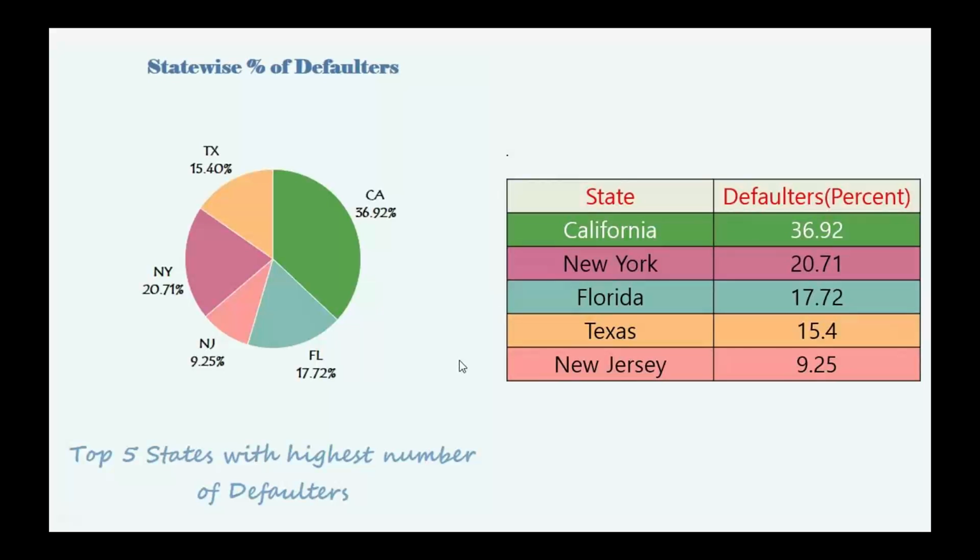The state of California shows the highest percent of defaulters with 36.92%, followed by New York at 20.71%, then Florida at 17.72, Texas at 15.4, and New Jersey at 9.25. These are the 5 states with the highest percent of defaulters.